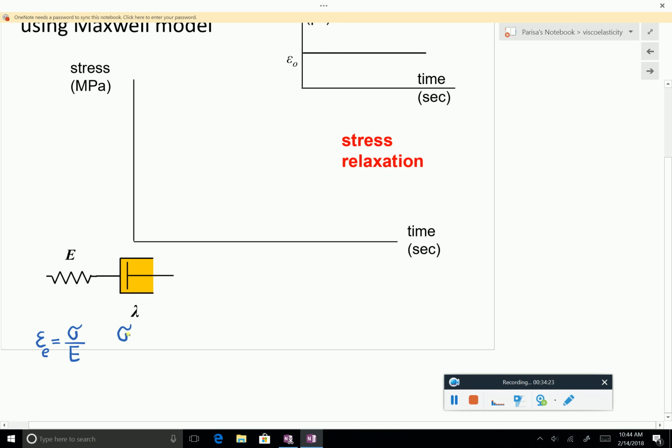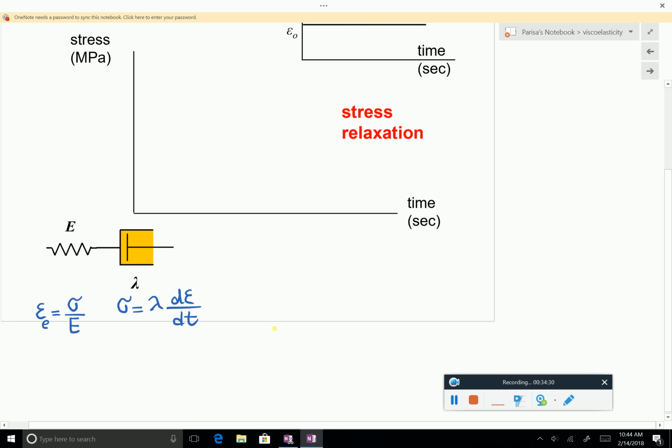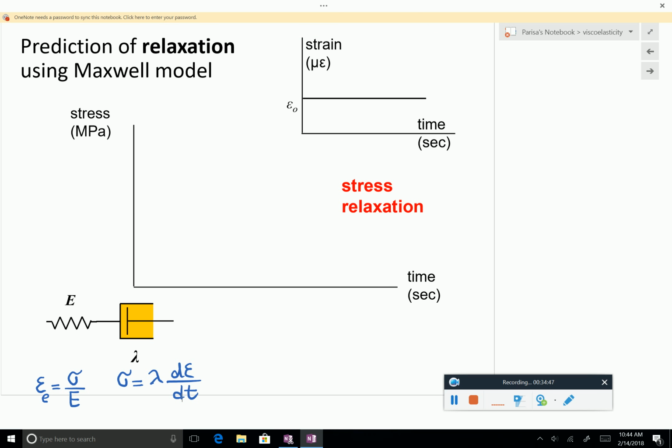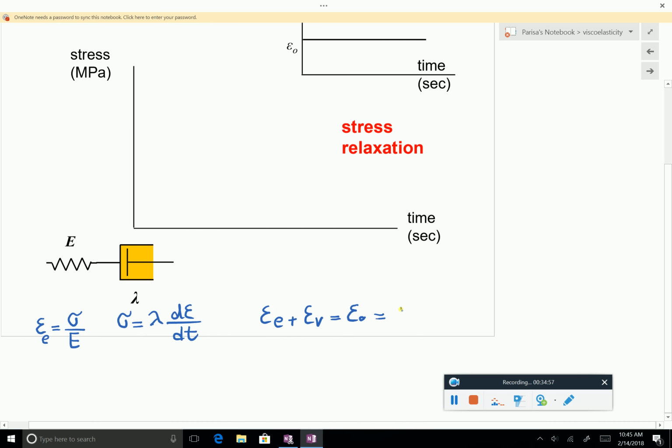We know that sigma is proportional to the strain rate. So if sigma is not constant, which we don't know yet, we cannot write that epsilon is sigma over lambda times t. We cannot do that. Because here, pay attention, what is constant is epsilon E plus epsilon V. This is constant.